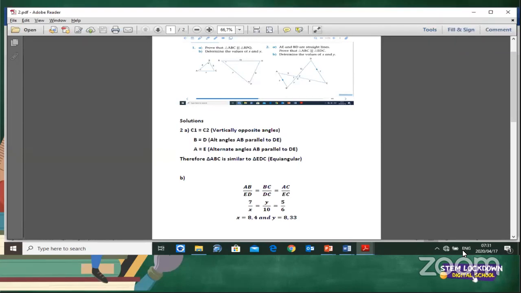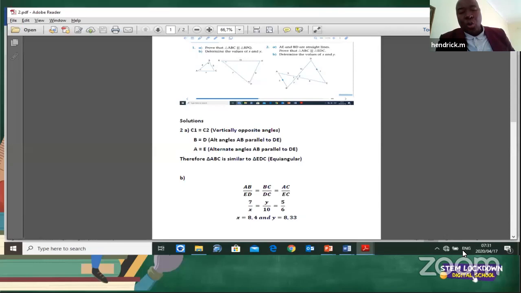A is equal to E, lastly, also alternate angles. And then, of course, you can therefore conclude that the two triangles are equiangular. And this was the work that I gave yesterday. As well, you can use the formula now to show that they are in proportion.